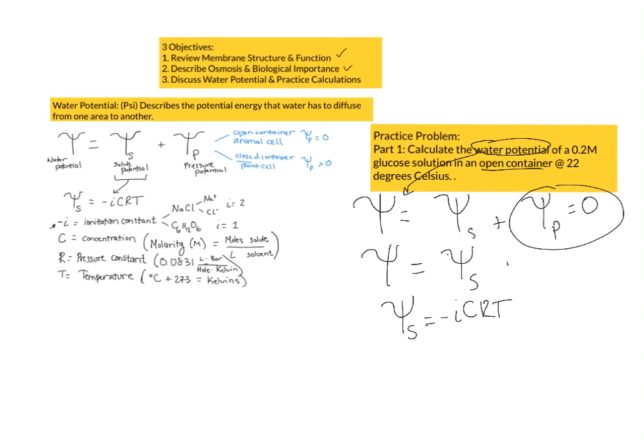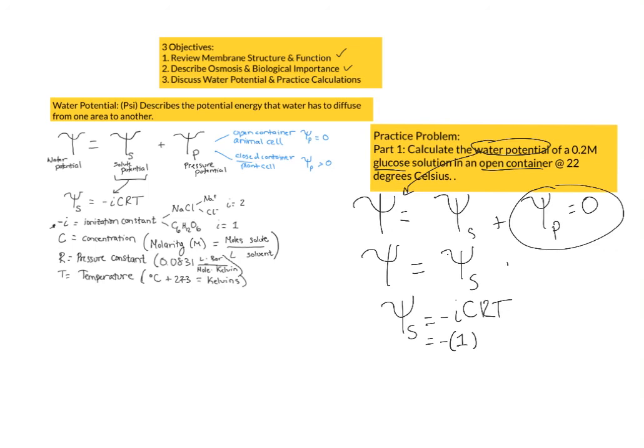Okay, and then we can look at our solution and the conditions to fill in our variables. So first, let's start with negative i. So our i value, because this is glucose, is going to equal 1, because there's not a splitting up of that molecule when it gets into water.